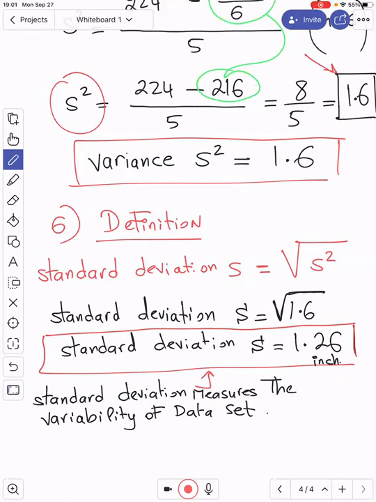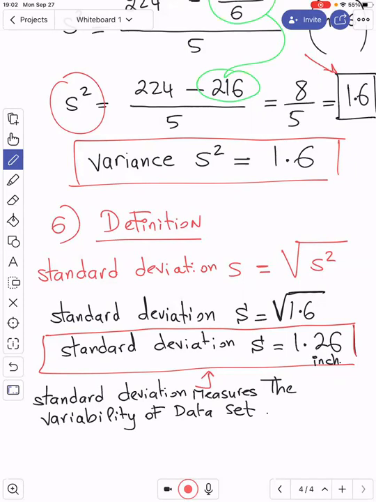In other words, if this standard deviation is small, it means that the spread of the data around the mean is going to be small, or in other words, your data set is going to be constant in some sense.